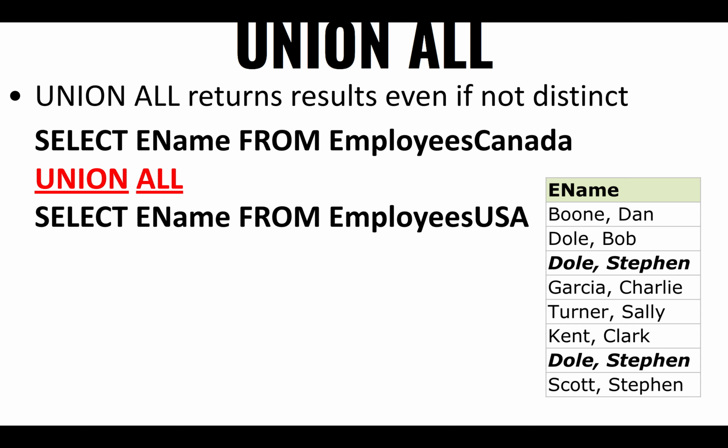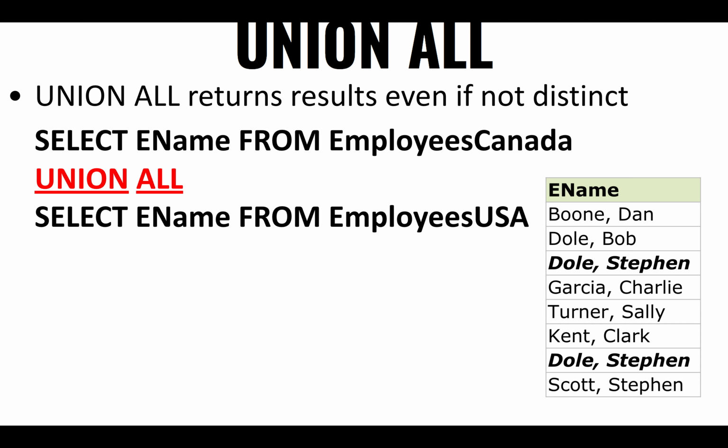That might not be the case. It could be that one of the tables calls it name, and the other table calls it employee name. But we know that the data is the same, that the content is the same. It's just a plain old string. Even though they're named differently, we know that logically they mean the same thing.